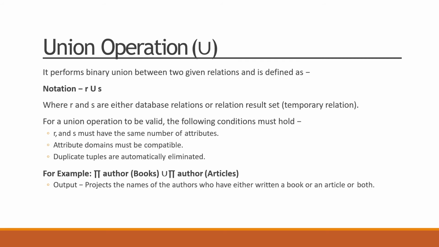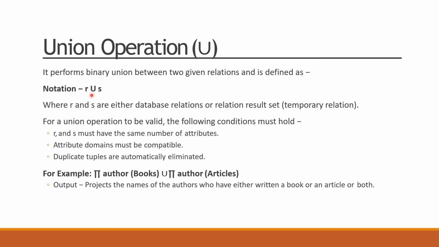Now we have another operation, union operation. It performs binary union between two given relations, and it is defined as R union S. If we have two tables R and S, there will be a union of them.